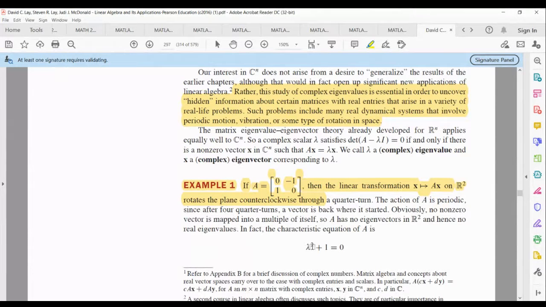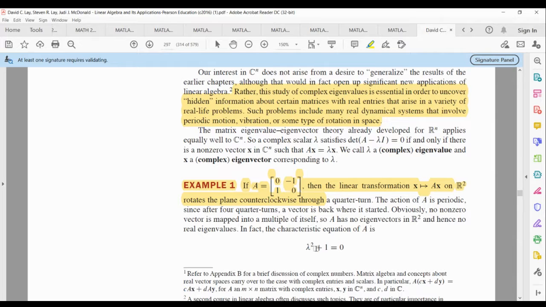You know by looking at a matrix how to identify what transformation it's doing.